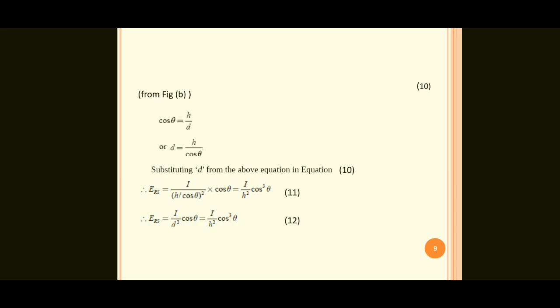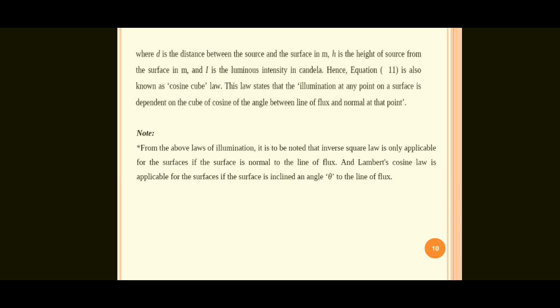Here E_RS is equal to I by h square cos cube theta. This goes to equation 11, so cos cube theta. Sometimes this law is also named the cosine cube law.